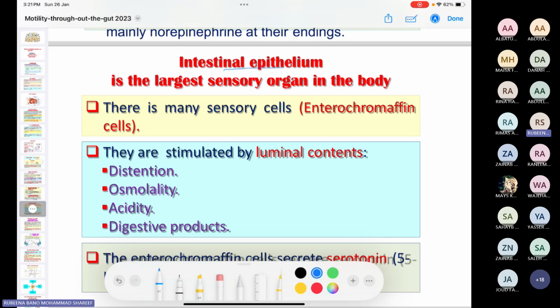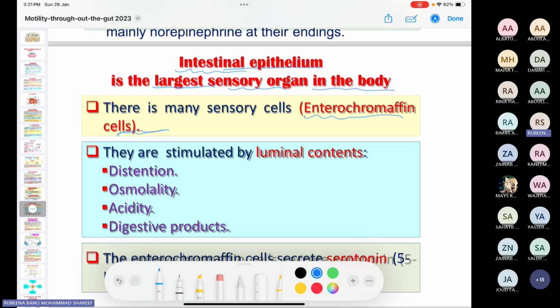This intestinal epithelium is the largest sensory organ in the body. One may ask you which one is having the largest epithelium. So it is the intestinal epithelium. Okay. In this intestinal epithelium, there are enterochromaffin cells.